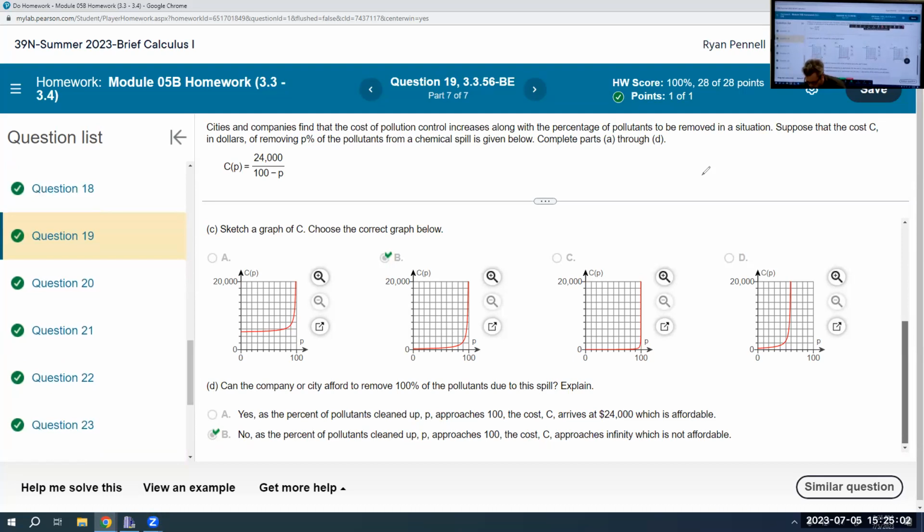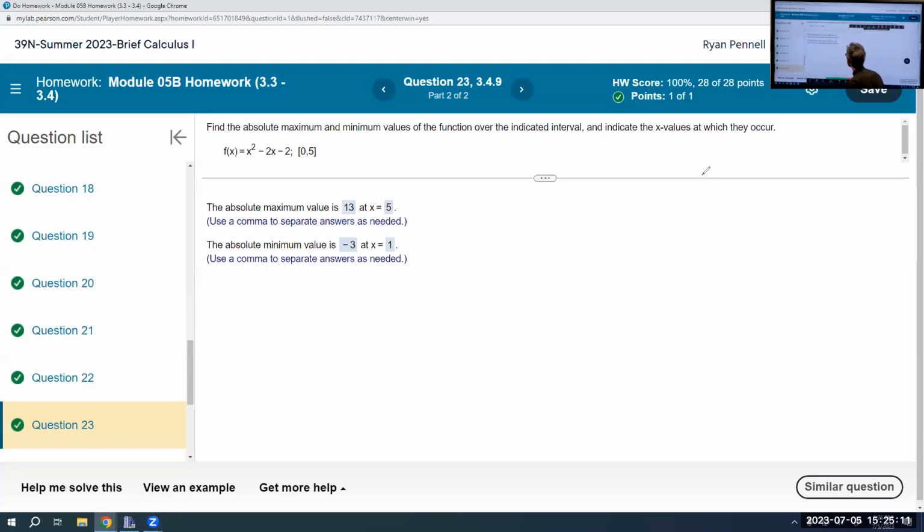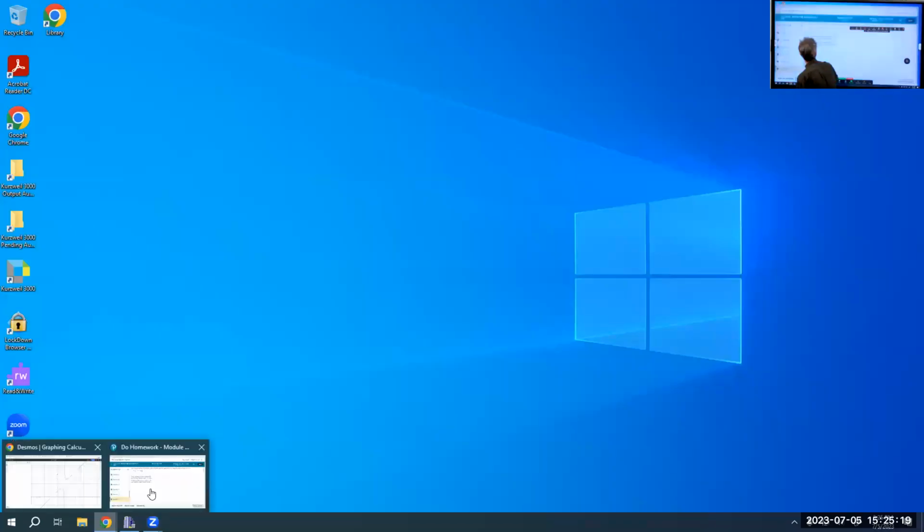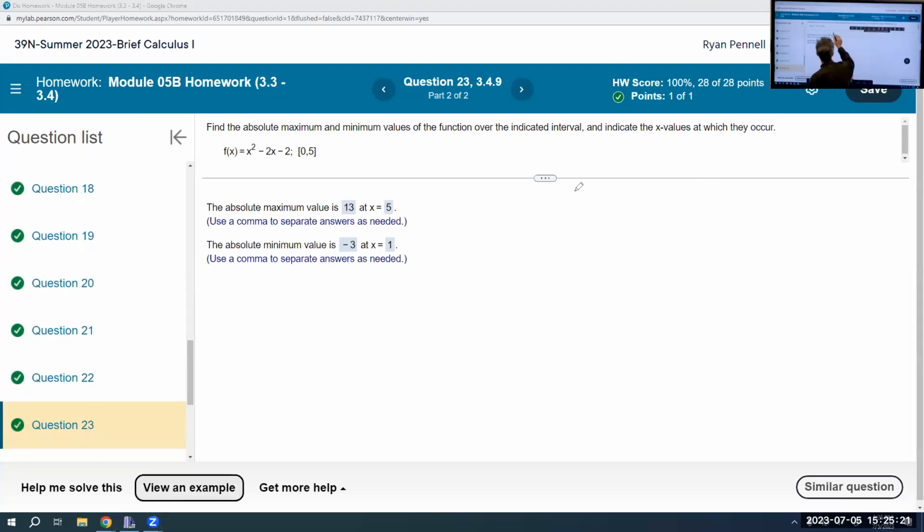What was one thing to talk about? I want to talk about the word problems. 23 brings us, well, it's not a word problem, but we can talk about it. Find the absolute maximum, absolute minimum on a restricted domain. That's important to note. So this has a restricted domain.